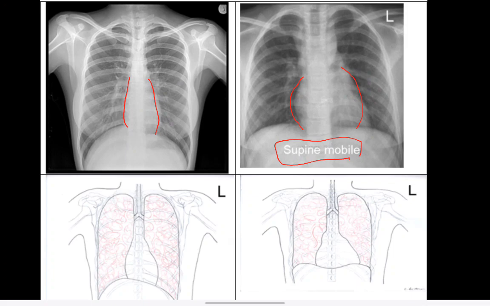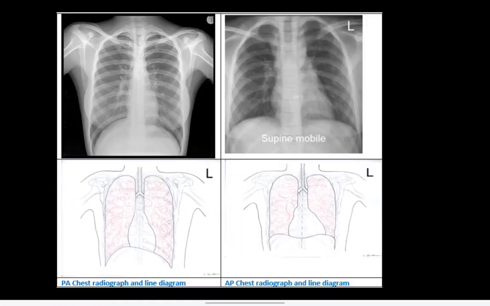So this is the posterior anterior chest radiograph and this is the anterior posterior chest radiograph, because of the magnification of the cardiac shadow. PA chest radiograph and line diaphragm, AP chest radiograph and line diaphragm, sorry, diaphragm.